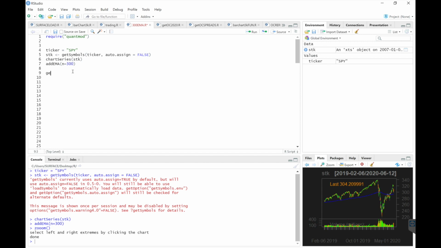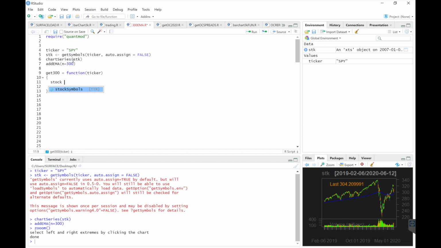So I'm going to build a function called get300. What this function will do is get the data, extract the adjusted column, merge it with its 300-day moving average, and then find the percentage difference between the adjusted price and the moving average, and return that to us. All we need to pass in is the ticker.